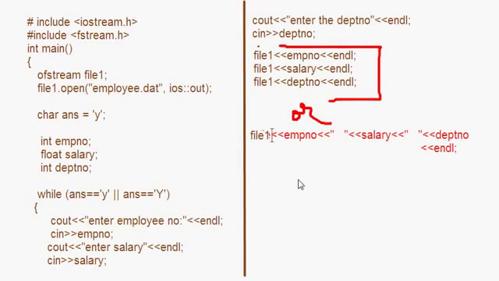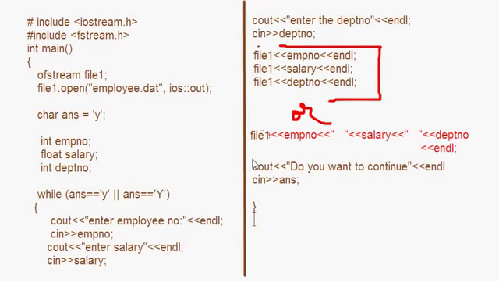Now you have done it for one employee. Since you have put it inside a loop, you will write cout, do you want to continue, endl. And the user is going to accept the choice in the variable ans. The loop is closed here.